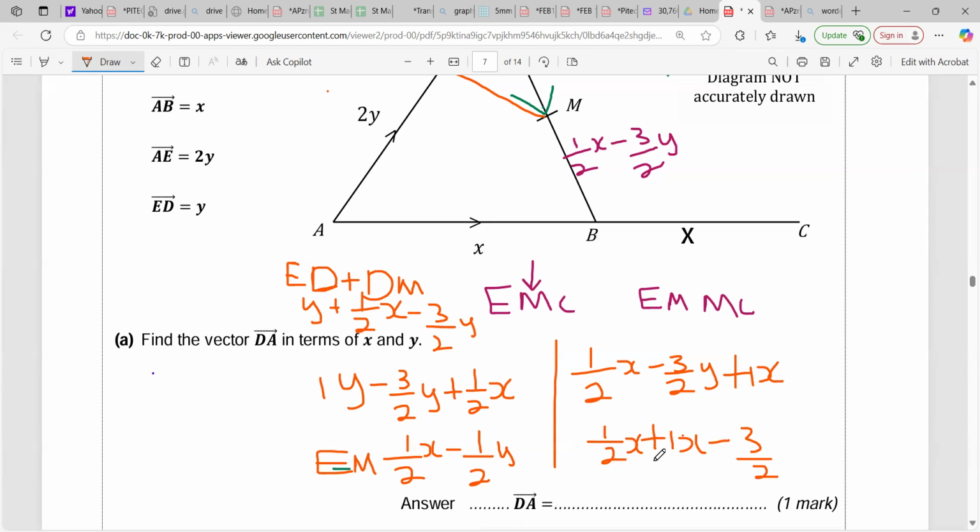So when we add this, we're gonna get 3 over 2 as well. Everybody agree? Half plus 1, that's 1.5. So that'll be 3 over 2 X minus 3 over 2 Y.